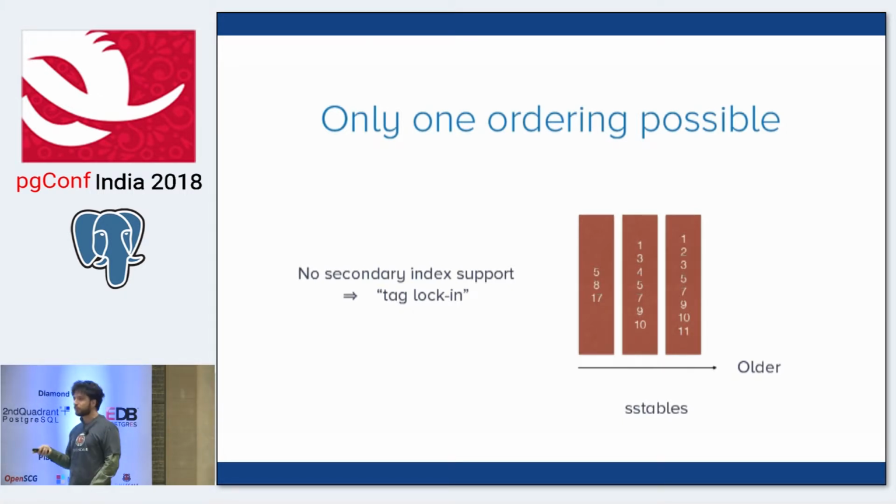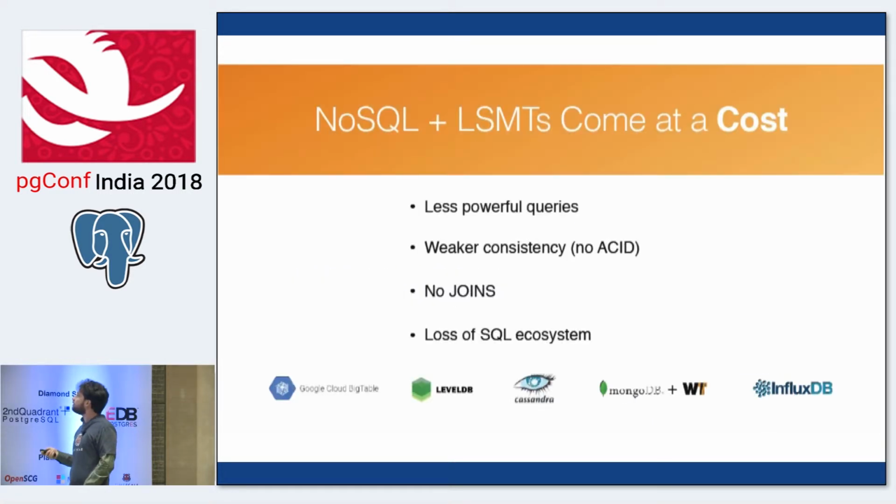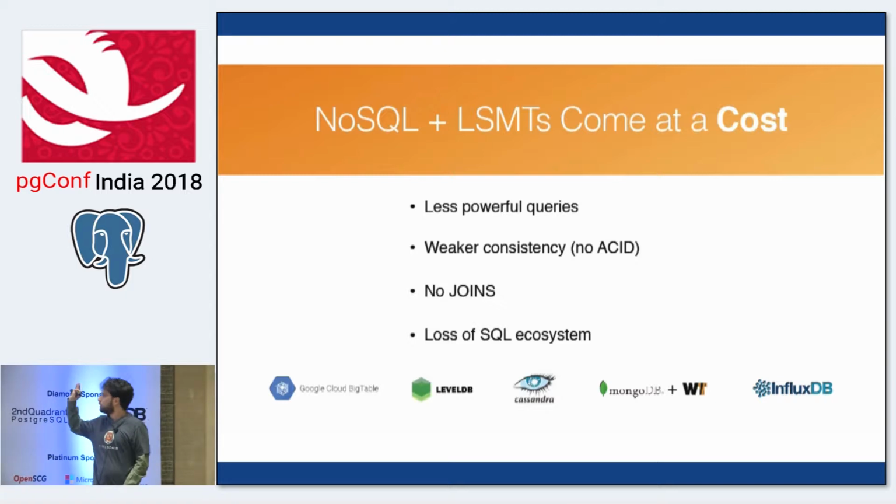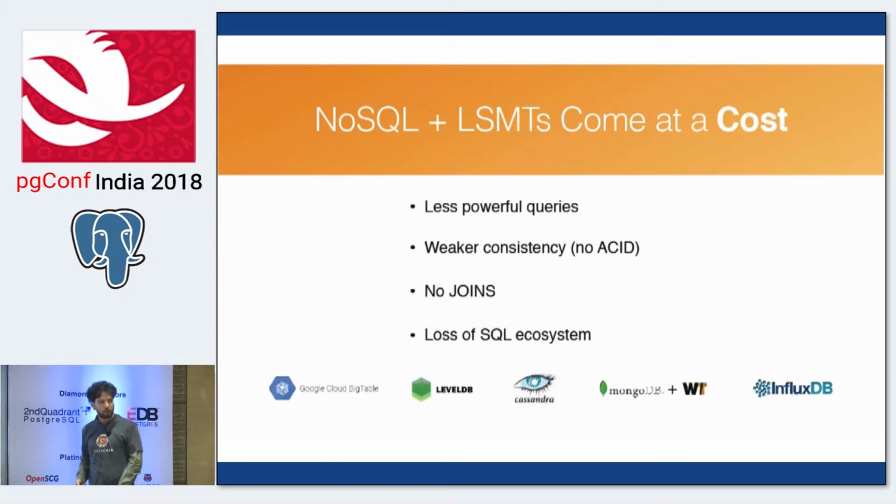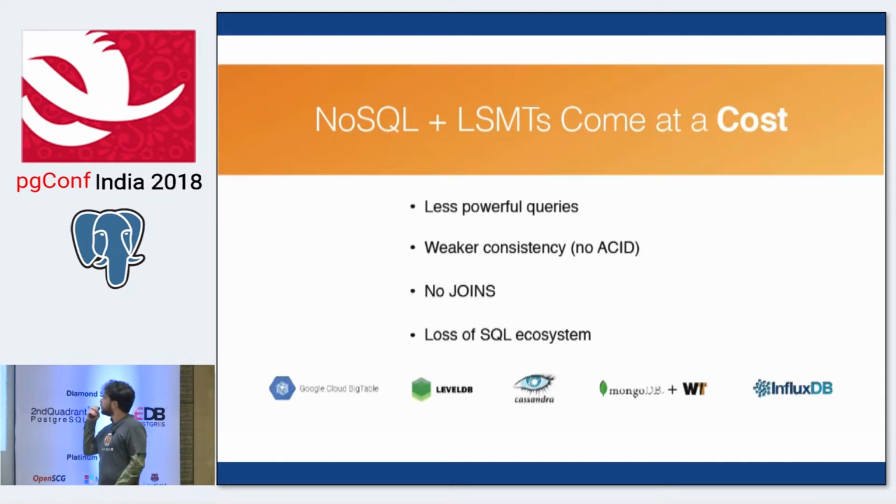And that's all to say that you give up a lot of power when you go from Postgres to NoSQL with log-structured merge trees. You give up the power of secondary indexes. You give up the power of more performant queries. You lose consistency guarantees given to you by schemas. You have no joins, and you don't have SQL. So this is quite a lot to give up.